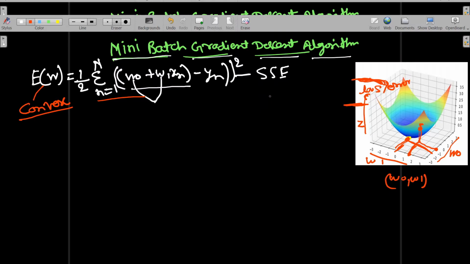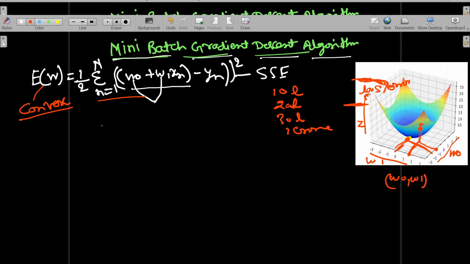You can apply it everywhere, but it gives very good results when you have, say, 10 lakh, 20 lakh, 30 lakh, or maybe 1 crore records. Then this mini batch algorithm will be really applicable, and the computation power is also very good for this mini batch. So let's see how it works.